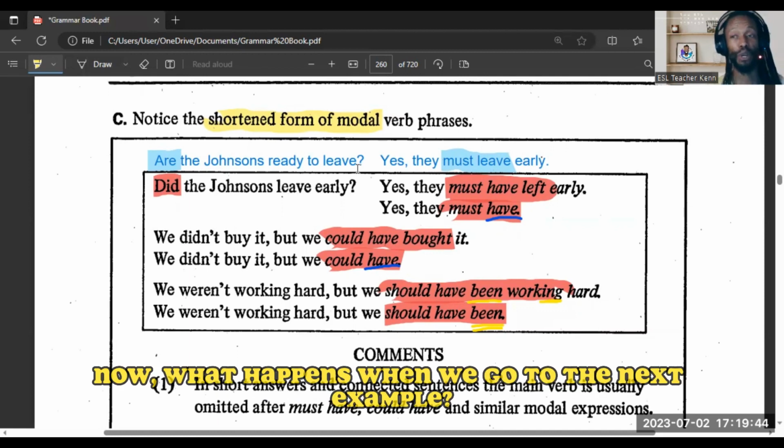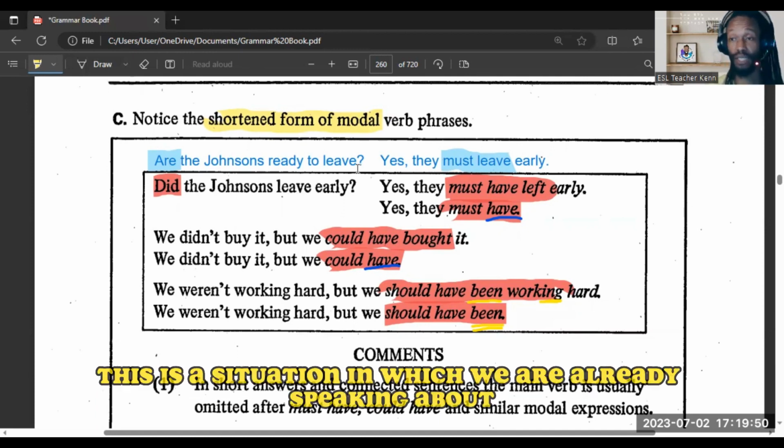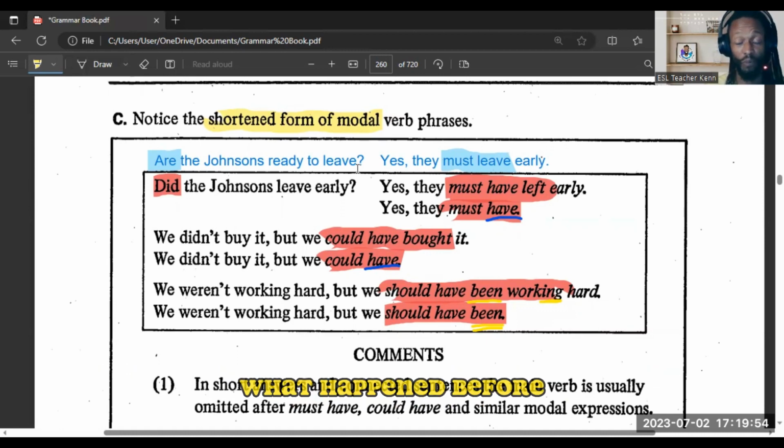Now, what happens when we go to the next example? The next example says, did the Johnsons leave early? This is a situation in which we are already speaking about what happened before. In this case, I have to say, yes, they must have left early. If you just say, yes, they must leave early, you are speaking in present.